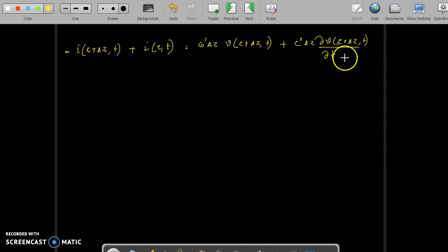Now I am dividing the entire term by Δz. I am taking the minus outside.